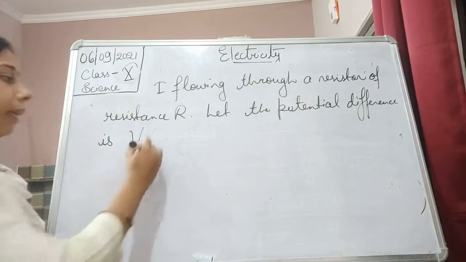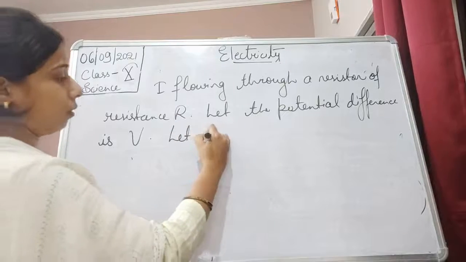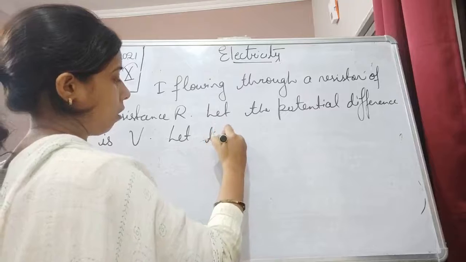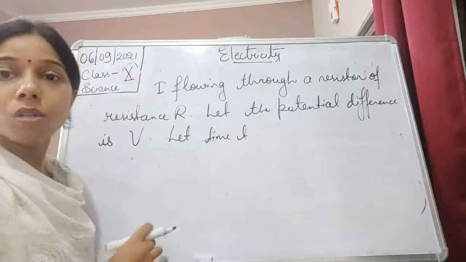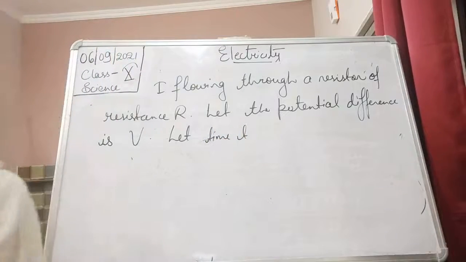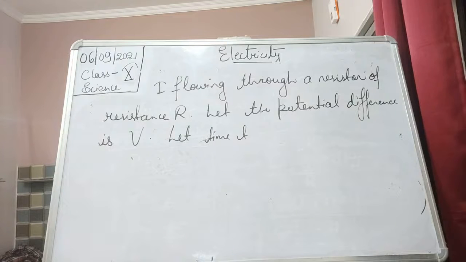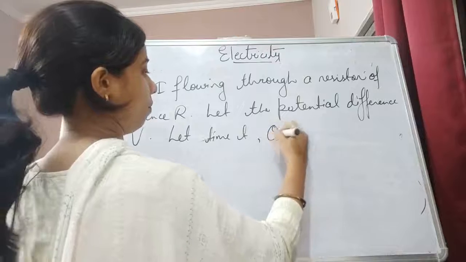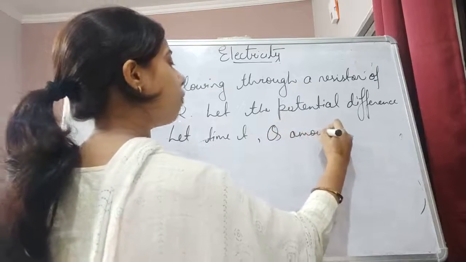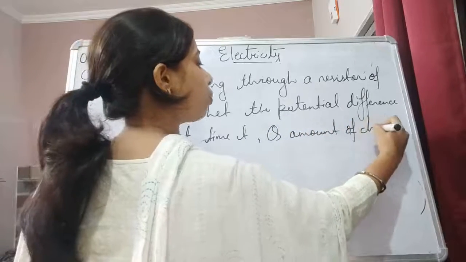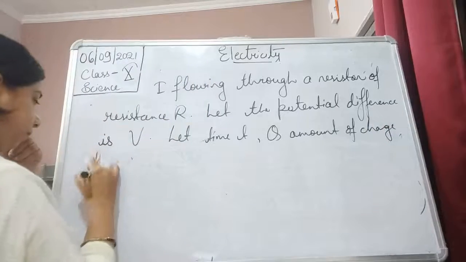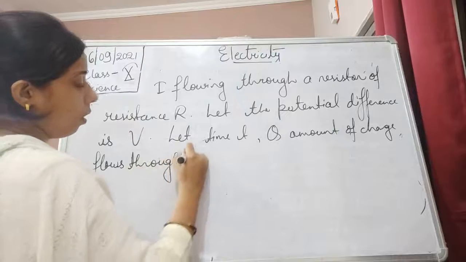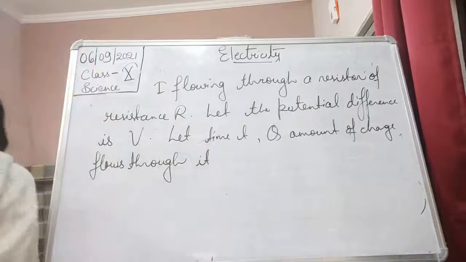Now at a time t, Q amount of charge flows through the conductor.